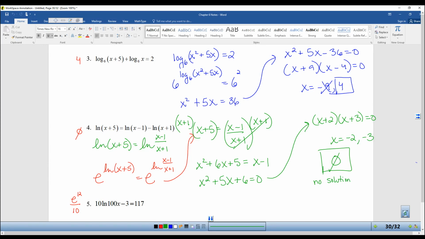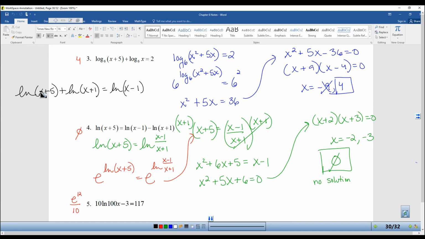Now, I will just show you a little alternative here I've had some students do in the past, which is they don't want to deal with the fraction, so they've actually moved it to the other side first. They've changed it to natural log of x plus 5 plus natural log of x plus 1 is equal to natural log of x minus 1.